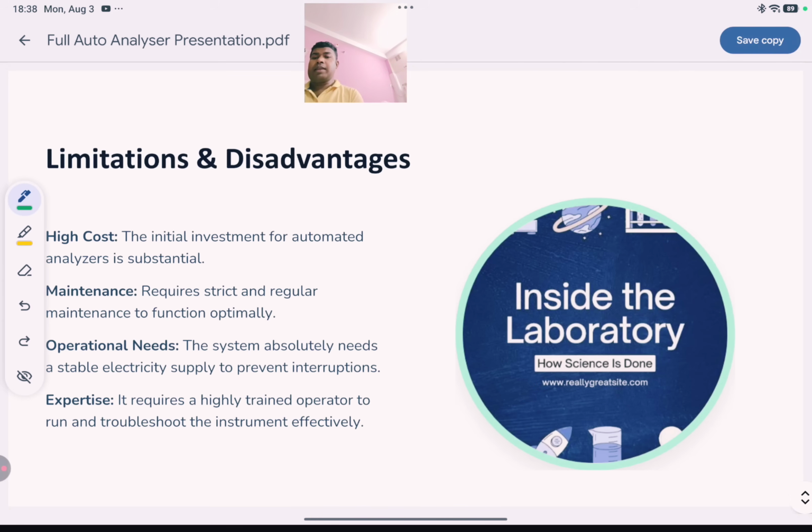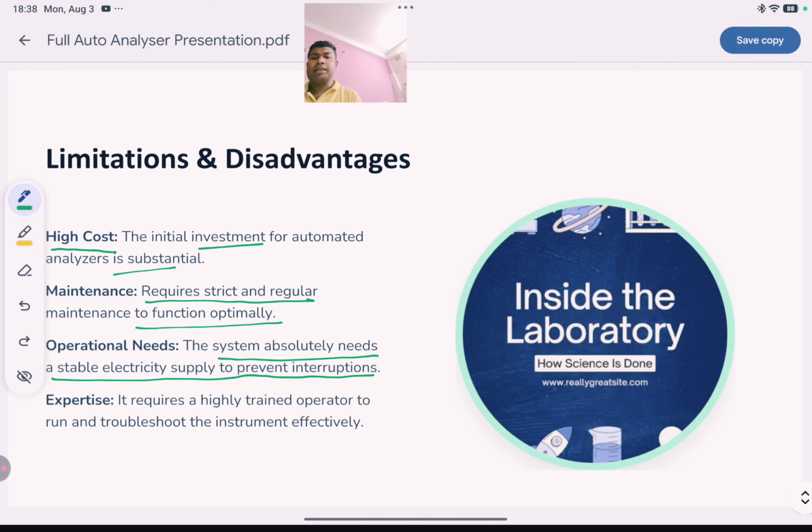It requires high and strict regular maintenance to perform its operation optimally. The system also absolutely needs a stable electricity supply to prevent interruption, and it requires a highly trained operator to run and troubleshoot the instrument effectively.